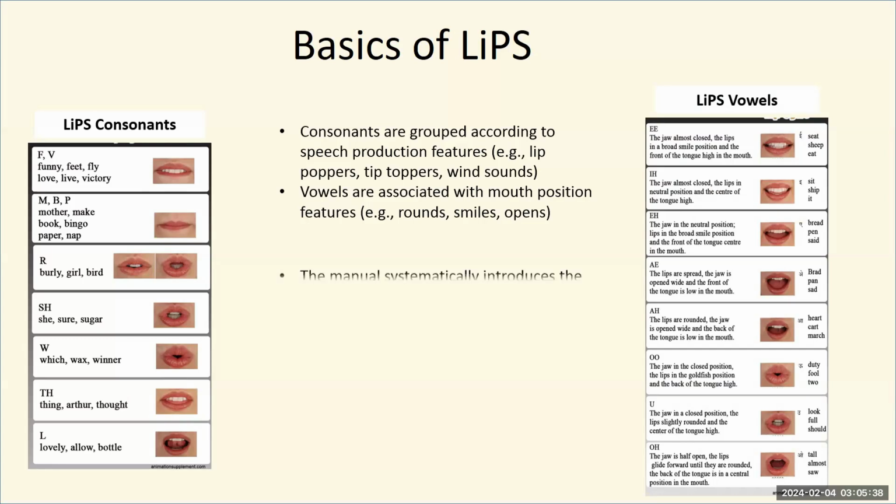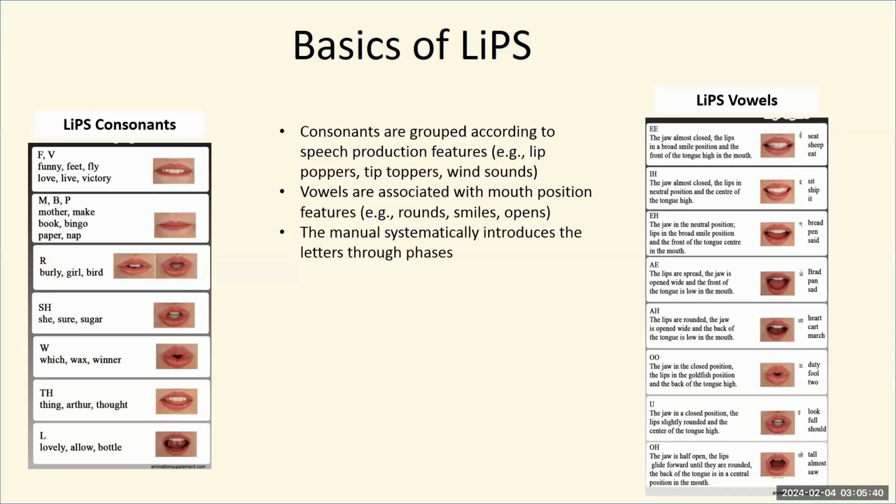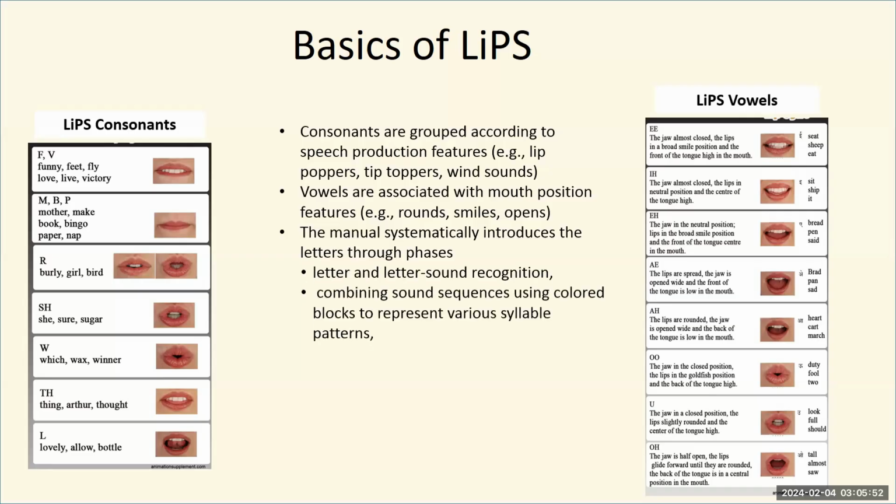Now the manual systematically introduces the letters through phases. So you have initially letter and letter sound recognition. Then you have combining sound sequences using colored blocks to represent various syllable patterns.